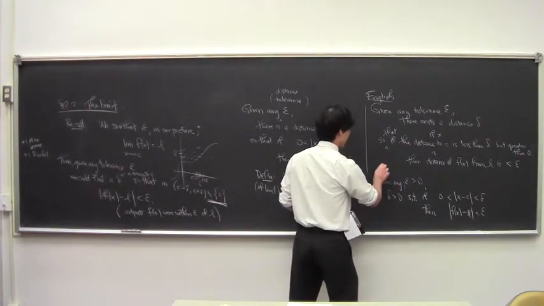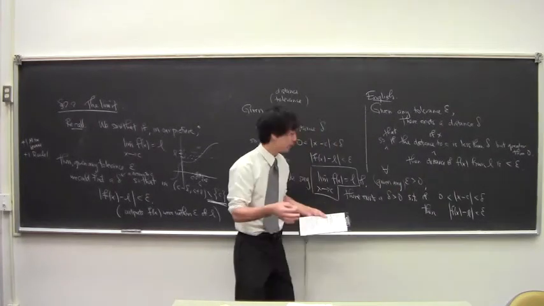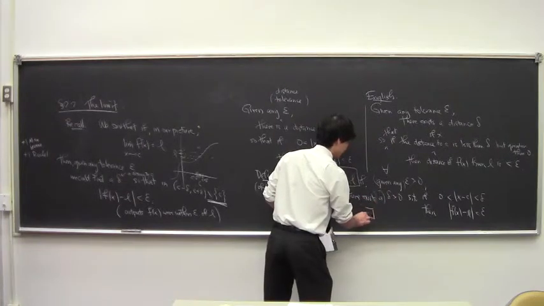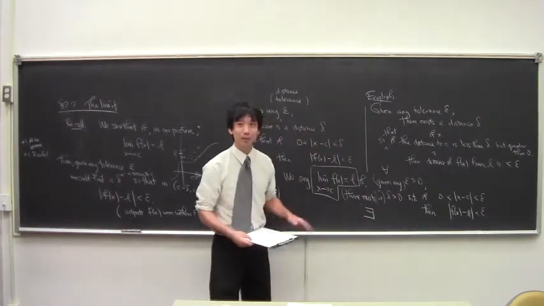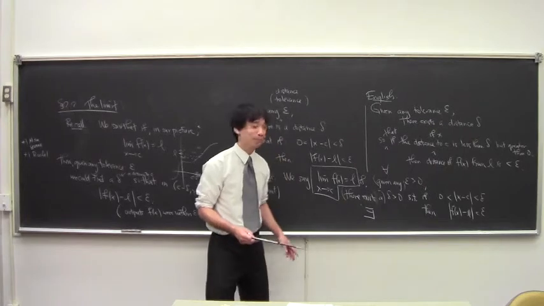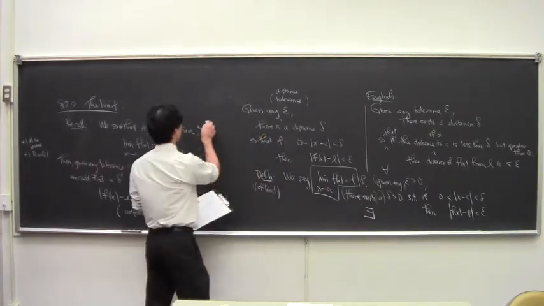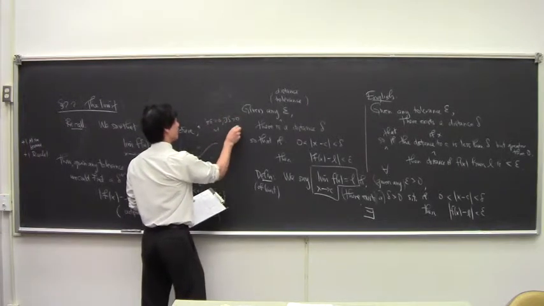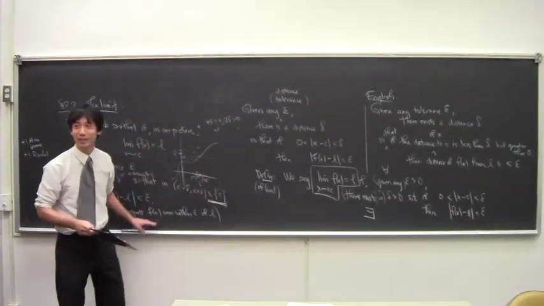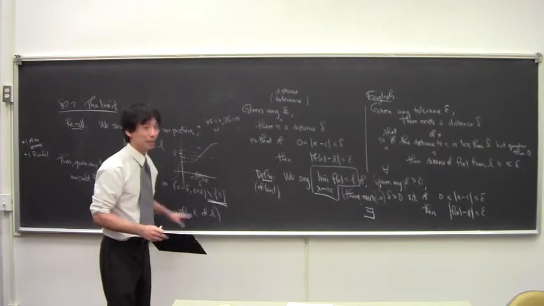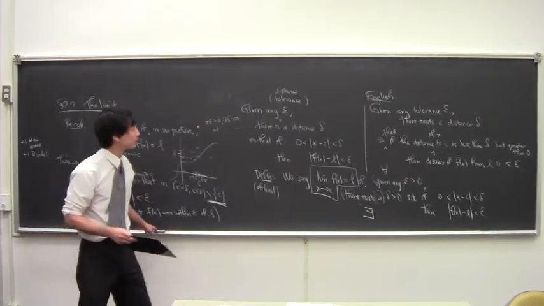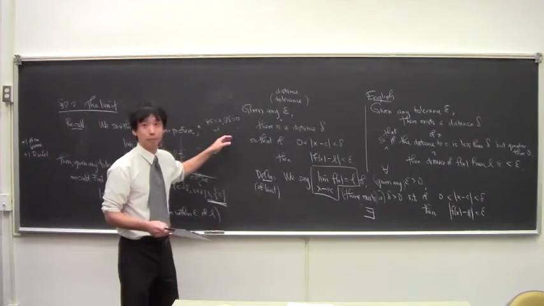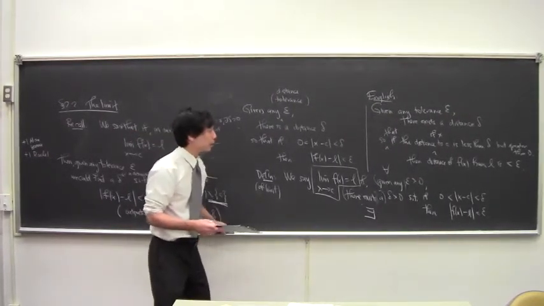Instead of writing "given any," people use an upside down A. Instead of "there exists," people use a backwards E. But maybe we'll just avoid using it for now. But that's typically how we write it: for all epsilon greater than 0, there exists delta greater than 0 such that blah, blah, blah. That's normally what we write, because it's faster. Because we use these all the time.